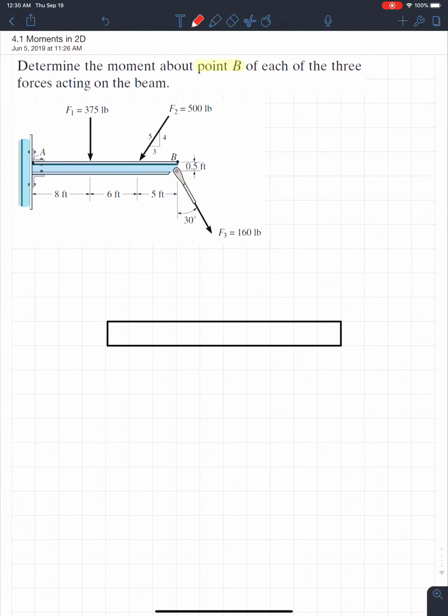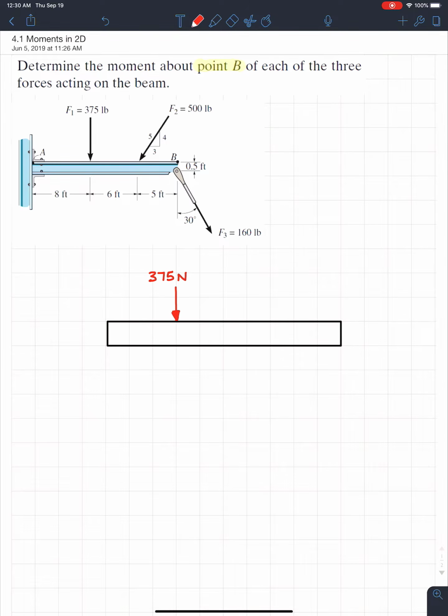So what I'm going to do in red is put all the external forces on. Because of F1, we have a force that comes downwards right here, and I'm just going to label it as 375 newtons. Even though these examples are in imperial units, we're going to swap that to newtons, to make our lives a little bit easier.